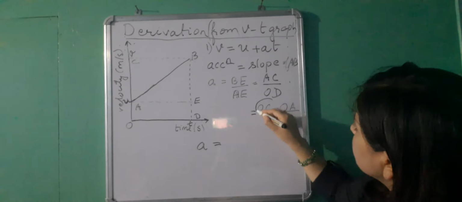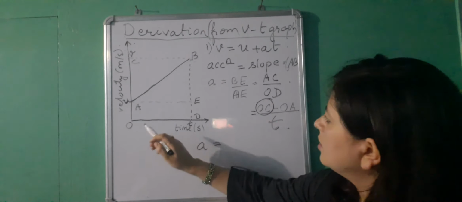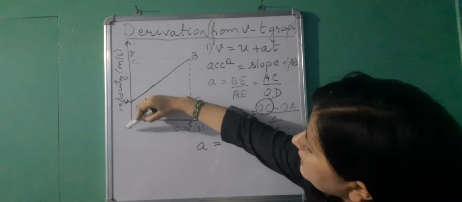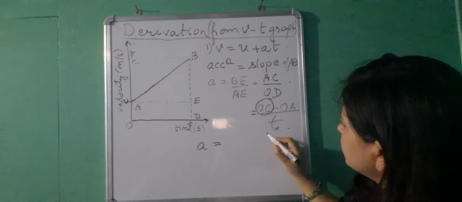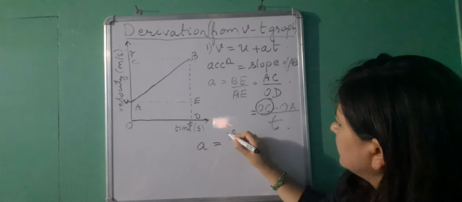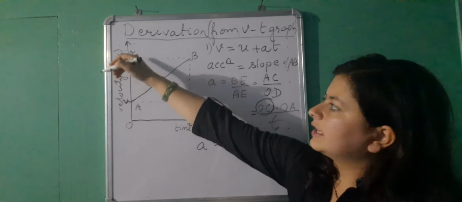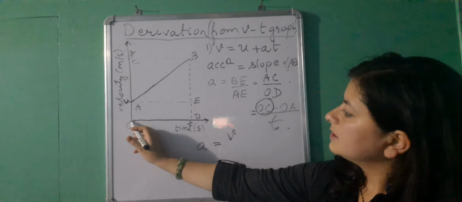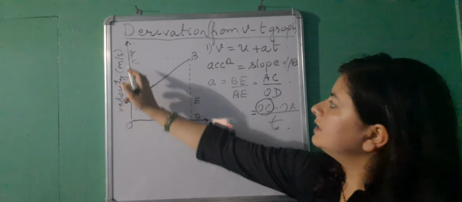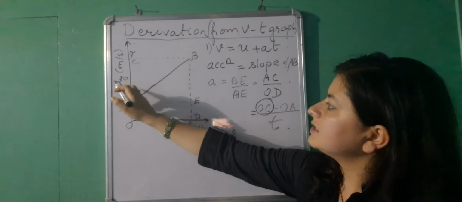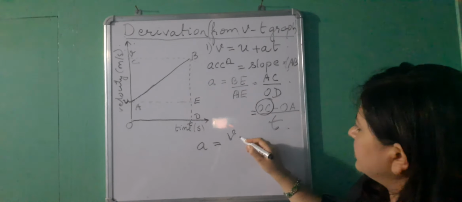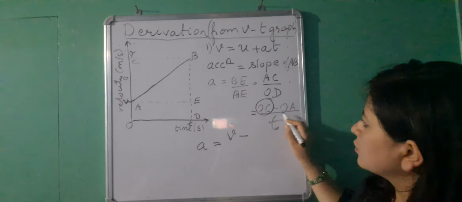What is OC equal to? O to C, this entire value of velocity, is equal to V. Because if you look at the velocity axis, from 0, the origin, till you go to the point C, the velocity acquired is equal to V, the final velocity. So OC can be written as V minus OA.